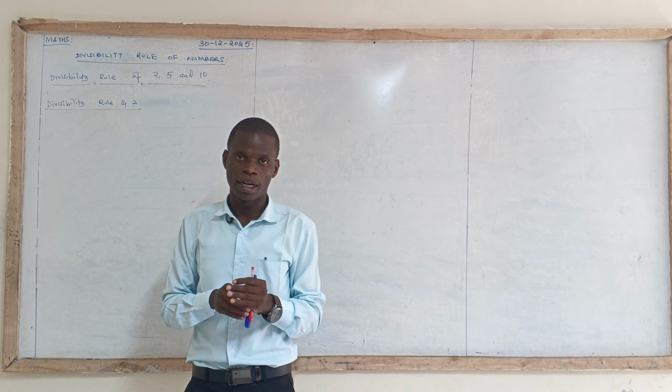A number is divisible by 5 if the last digit is 0 (I'm writing 0 in words and 0 in figures in bracket) or 5.